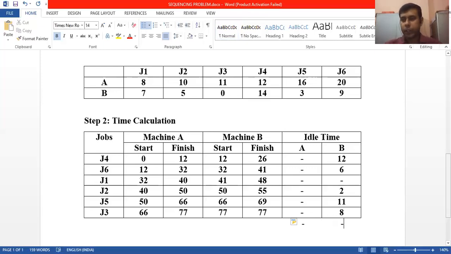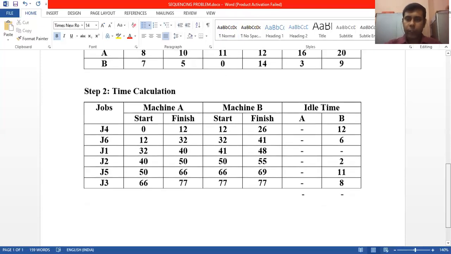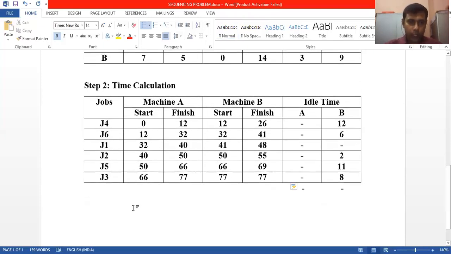So this is done. Now, we were supposed to answer total elapsed time. So total elapsed time equals, always look for the last machine and the last finish time. So it is 77 hours. It means all the jobs will be completed in 77 hours.